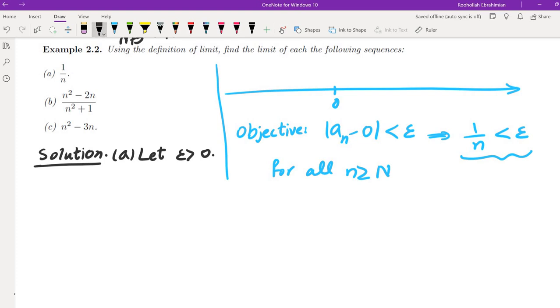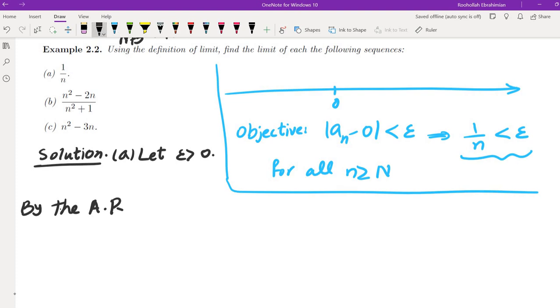So now we can turn that into a rigorous proof. By the Archimedean property, there is a natural number N such that 1 over N is less than epsilon.